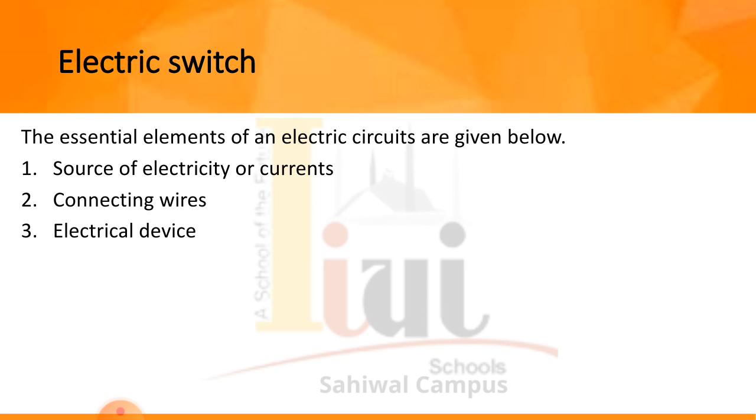The third one is the electric device. It may be any device that uses up the electric flow in the circuit to produce light or heat. Electric devices include bulbs, heaters, geysers, etc. The fourth one is the switch. A switch is a device that is used to turn the electric devices on and off, and this is usually known as an electric switch.